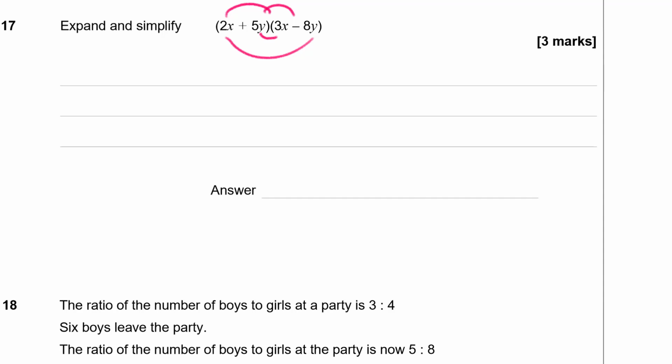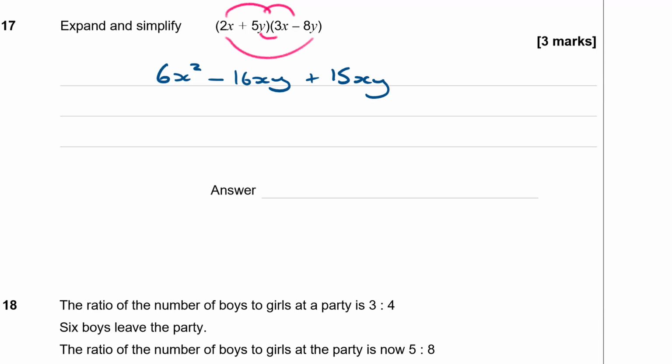So 2x times 3x is 6x squared. 2x times minus 8y is minus 16xy. In the middle, 5y times 3x is plus 15xy.